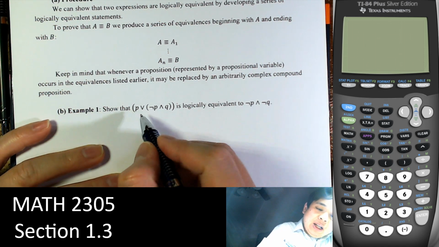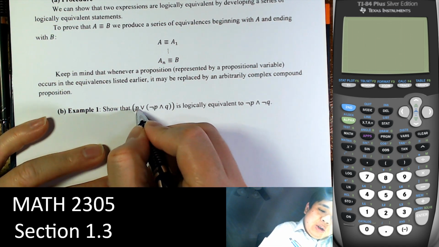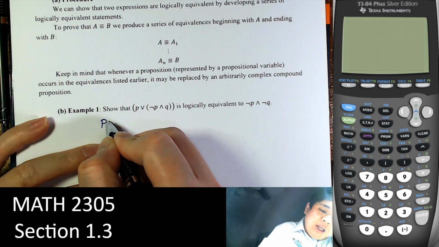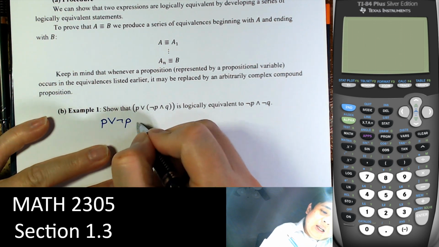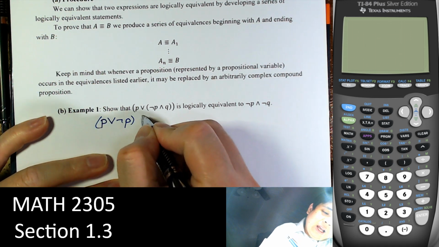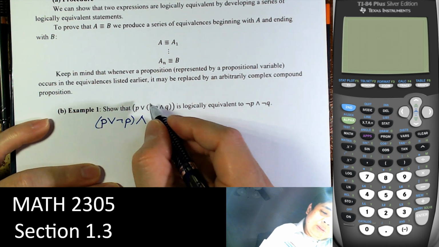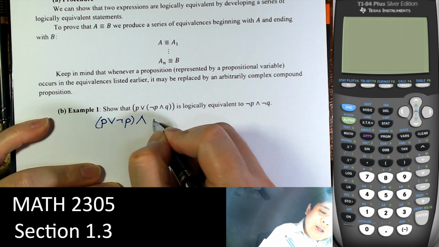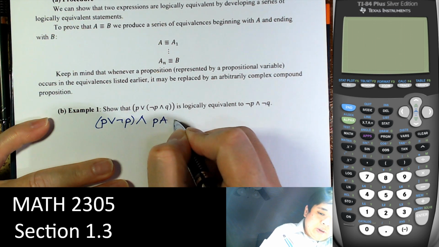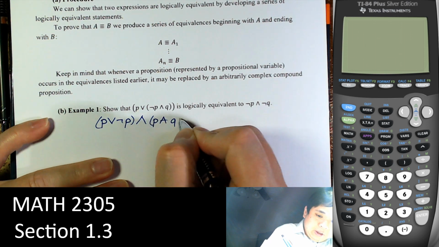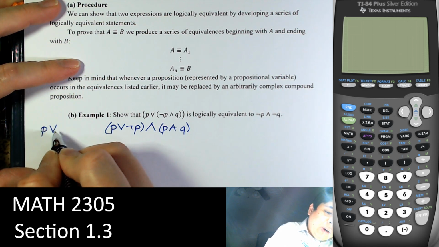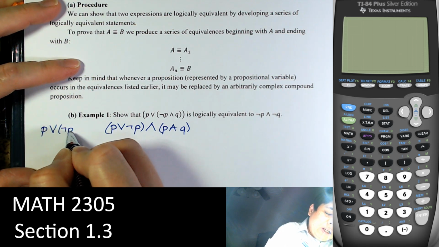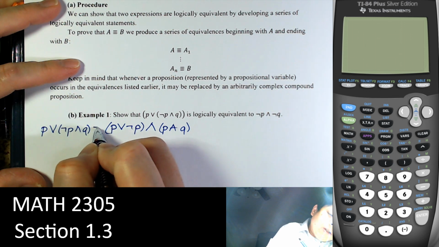So it's going to be P or not P, then N P or Q. Right. So I'm starting from the beginning. P or not P, Q. Right.